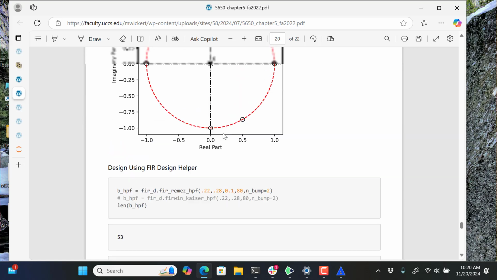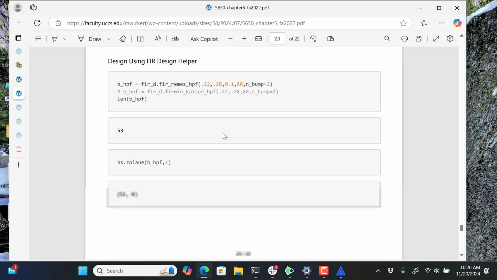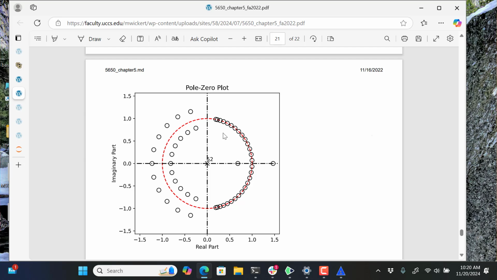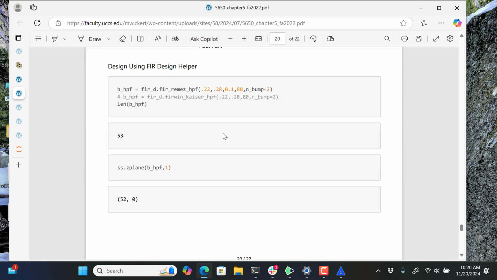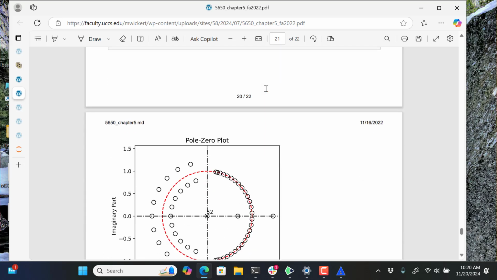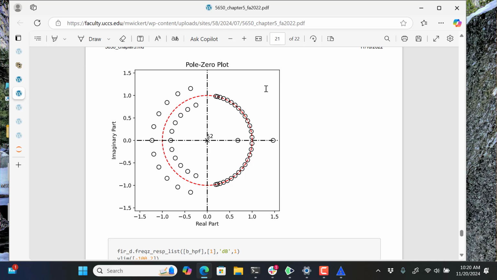I could run this in real time too. Here's where I did a filter design with an equal ripple high pass filter, and I said N bump equal to 2. And here's what the pole zero plot looks like.